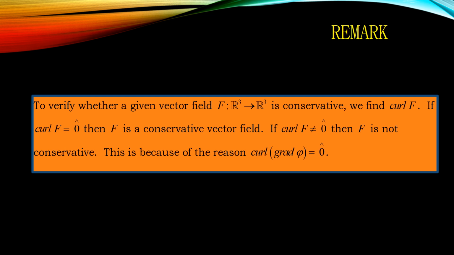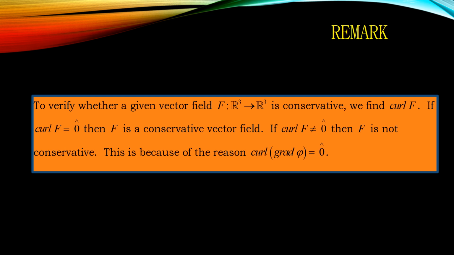This is very useful to verify that the given vector field is conservative or not. If a vector field F from R3 to R3 is a conservative vector field, then its curl equals 0 cap. If curl F is not equal to 0 cap, then the given vector field is not a conservative vector field.